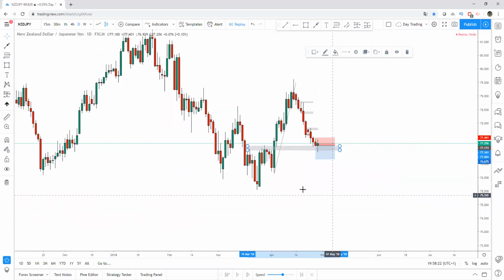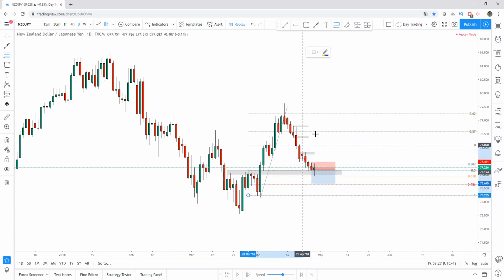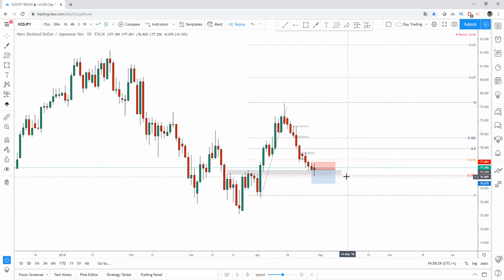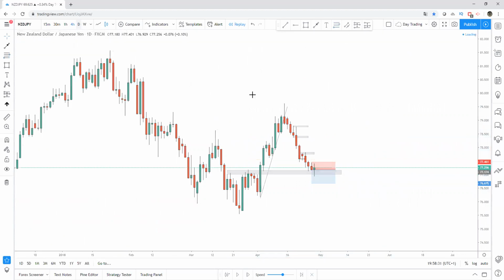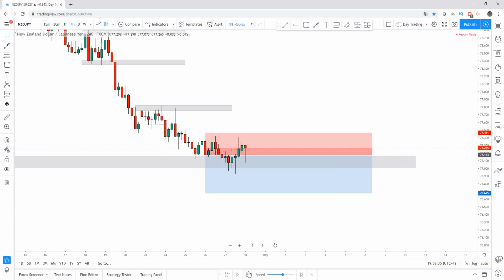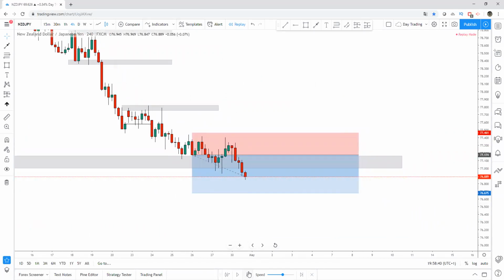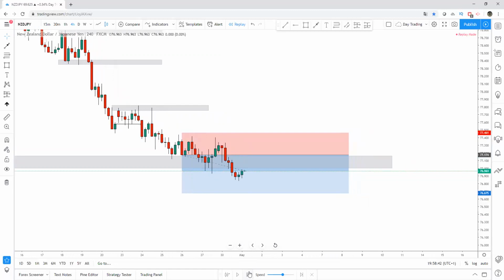If I quickly check the daily, very nice push on the daily. If we draw a fib, it's actually 78.6. We have a market open again. No entries on top.